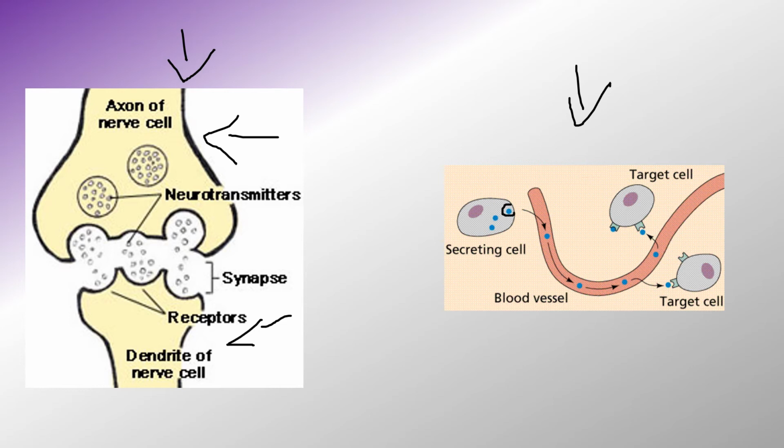These would be the hormones that are being released. So a cell will release a hormone into the bloodstream. It goes down the bloodstream to the other cells it's trying to reach. Hopefully that makes a little more sense now about the difference between how neurotransmitters and hormones release chemicals.